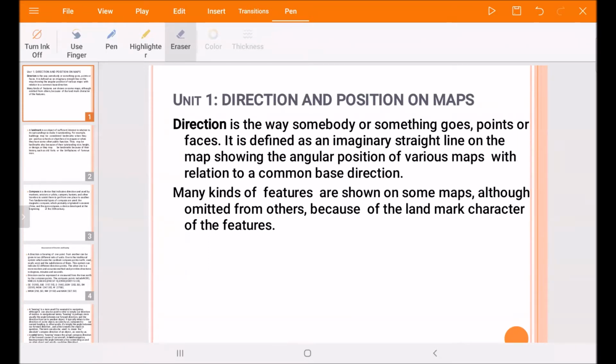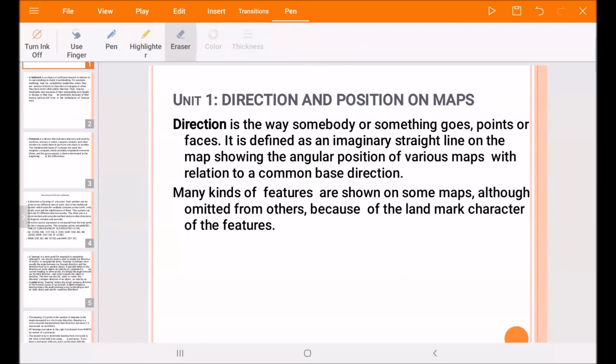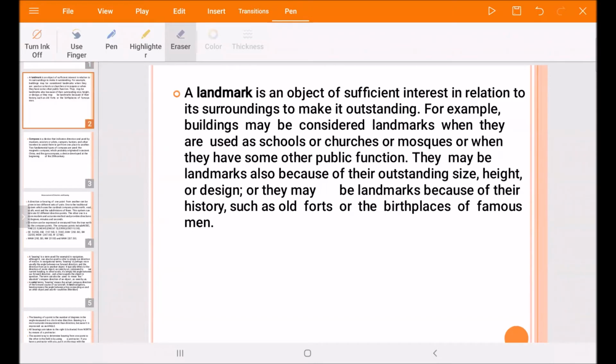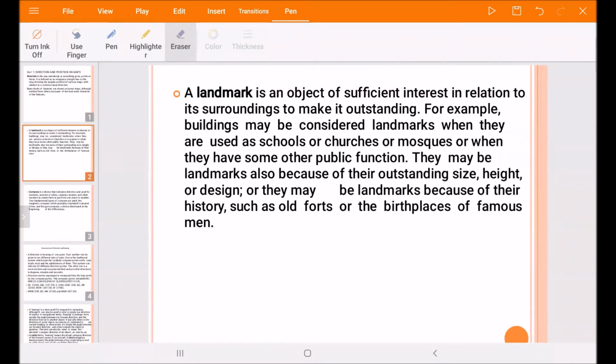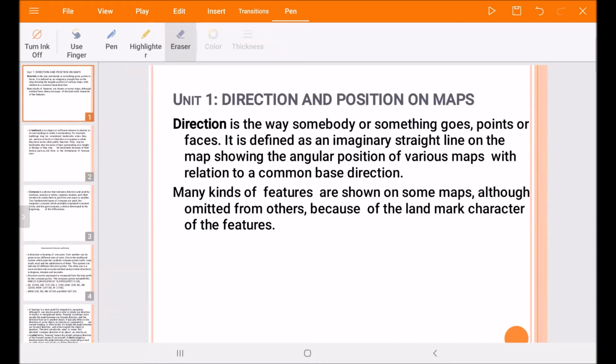Direction, by definition, is the position of a place. We can identify or indicate the direction of a place on a map. There are 32 directions or points on a map, but we can identify 16 of them on the compass.